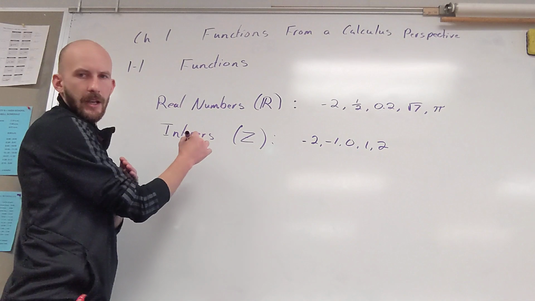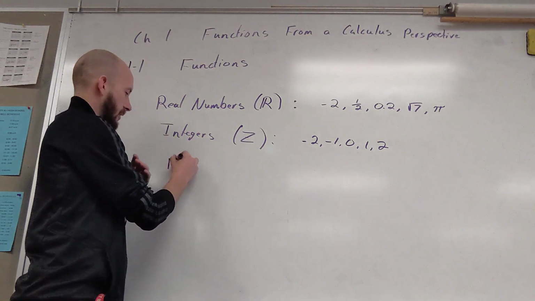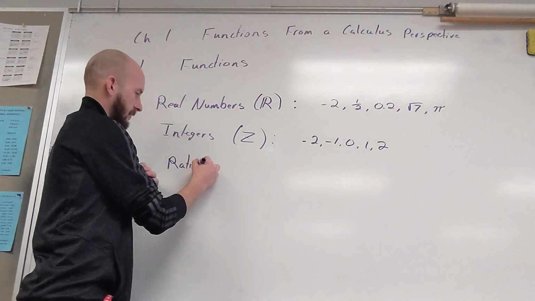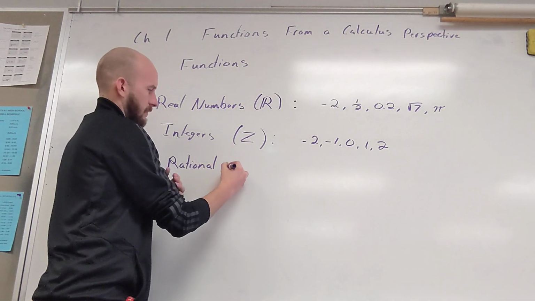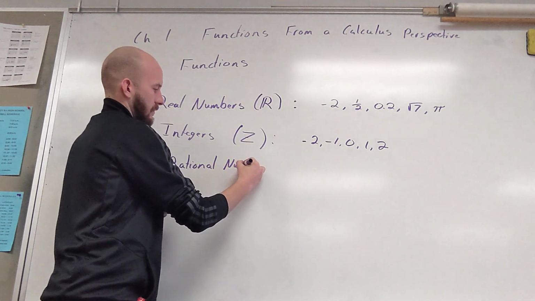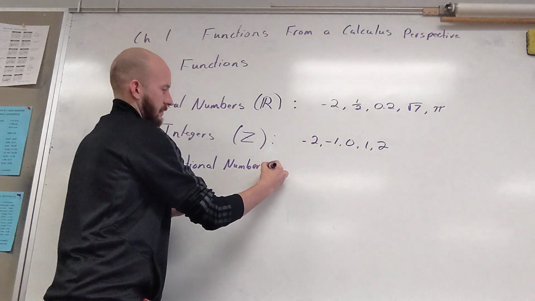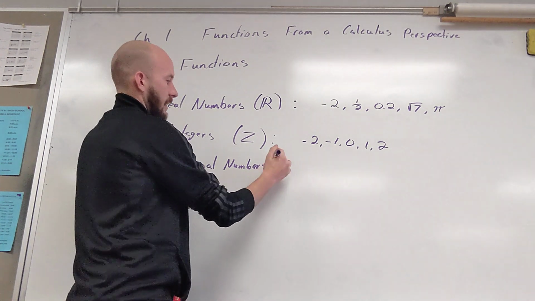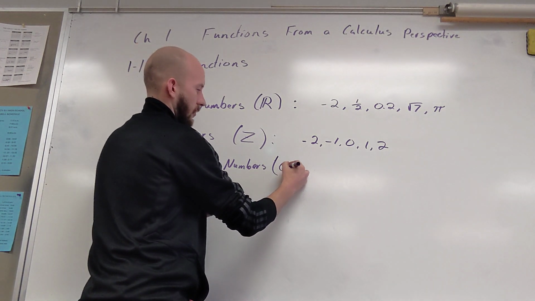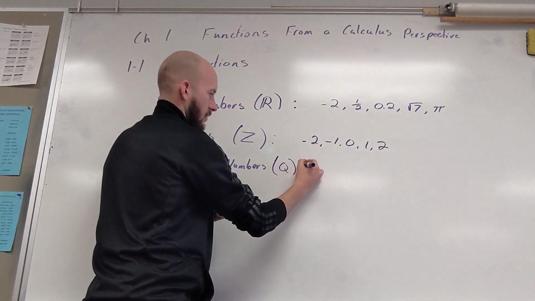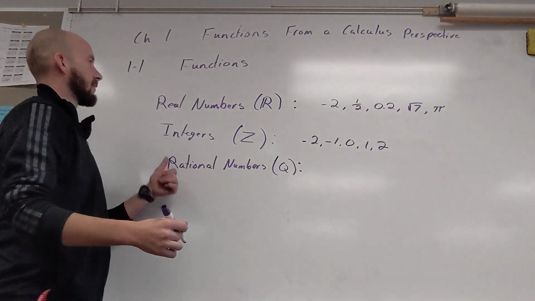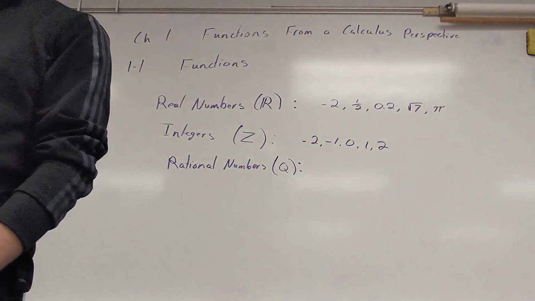The next one is rational numbers. The symbol for rational numbers is Q, again because R is already being used.